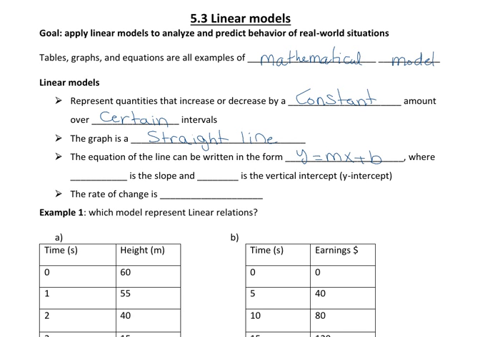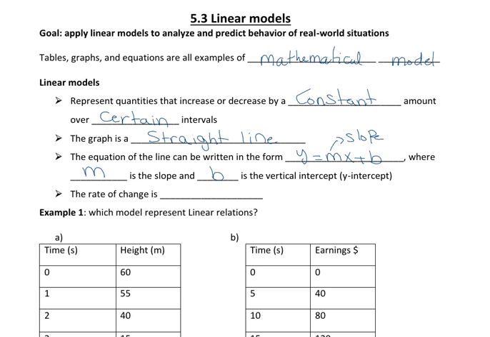And b is the y-intercept. Okay? So when I look at the equation, I know right away that this is the slope. And the slope, what does the slope mean? What does the slope represent in a linear function? The steepness of the line, that's right.